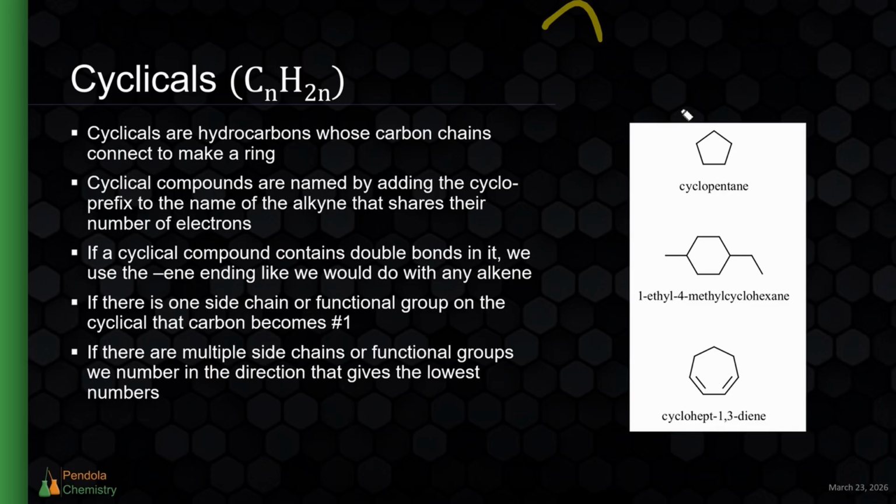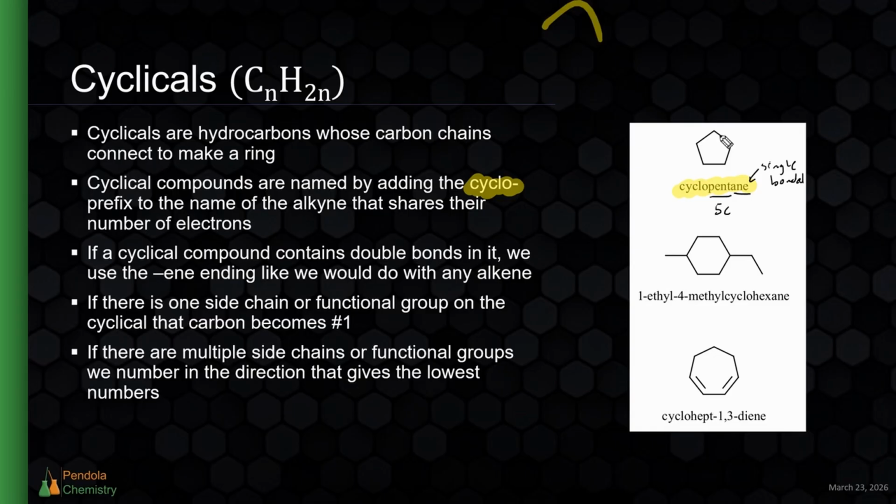So cyclopentane, for example, that cyclo prefix tells us that it's a cyclical. Pent tells us it's a 5 carbon. Ane tells us that they're all single bonded.